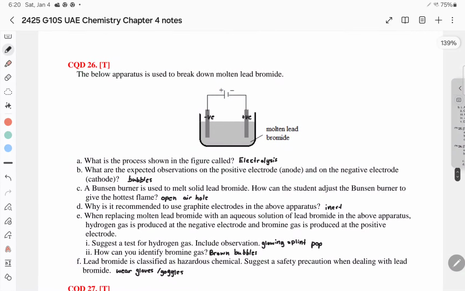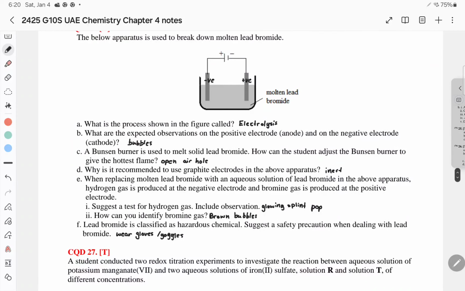Now we have 26. What's the process shown in the figure called? It's called electrolysis. Whenever you see a figure like this, it's electrolysis. What observations do you expect to see on the positive electrode when you're breaking down PbBr2?